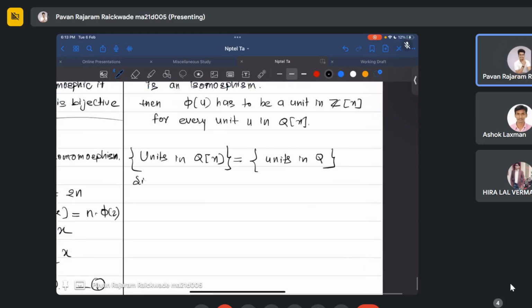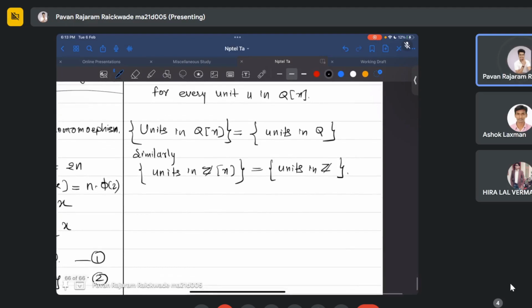Similarly, units in Zx are the same as units in Z, right? Then what can I conclude?